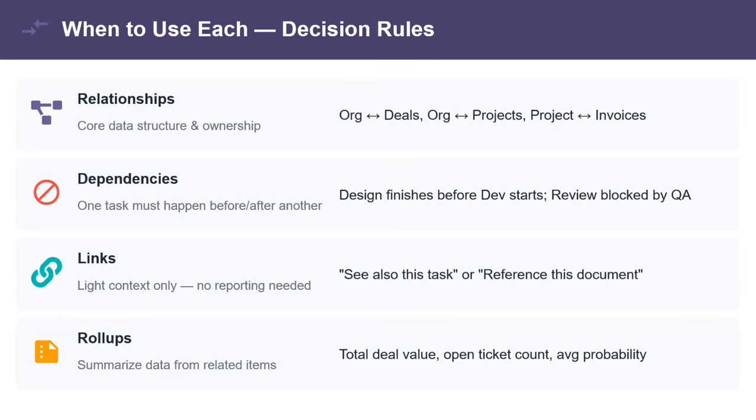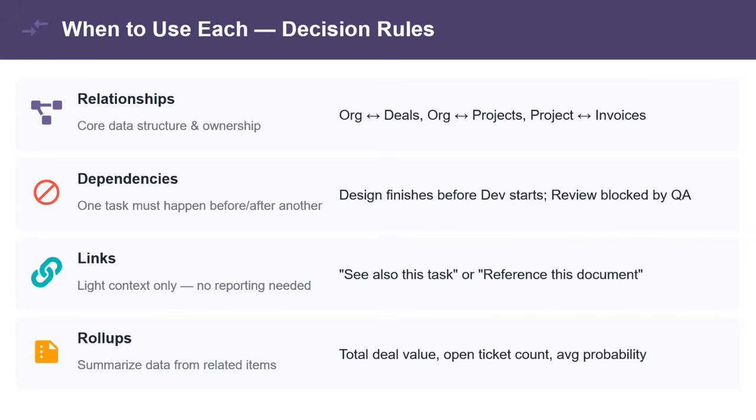Here are some simple rules you can remember. First, use relationship fields for your main business structure. Use them when two things are connected in the real world. For example, organizations have deals and projects. Projects have invoices and tickets. Second, use dependencies for workflow and timing.